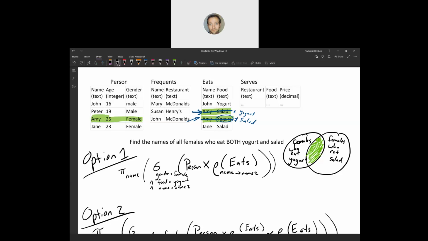Okay. Very good. Is that good so far? Oh yeah. Perfect. 100%. And then the females who eat salad, it's essentially the same query except food would equal salad instead of food equaling yogurt.